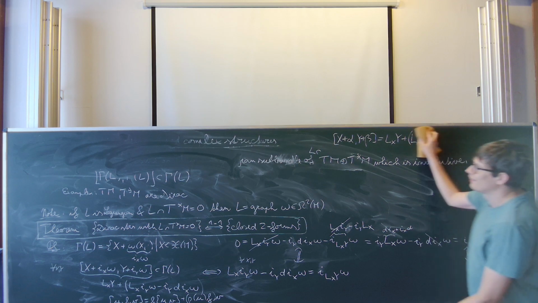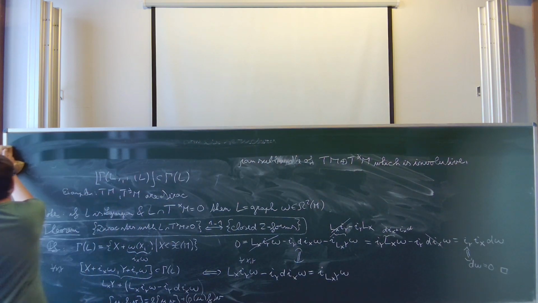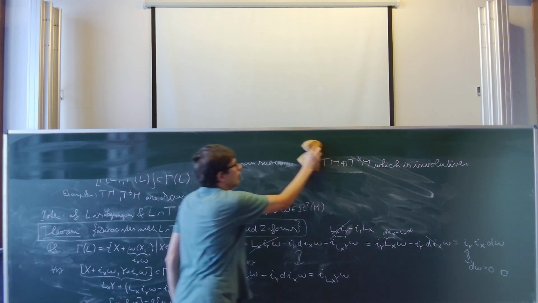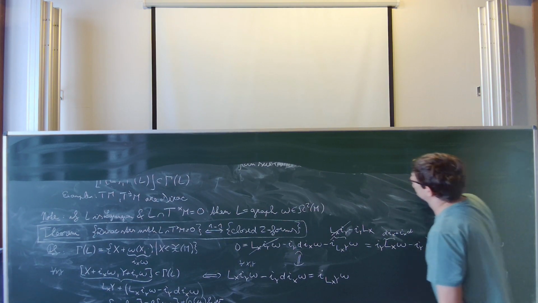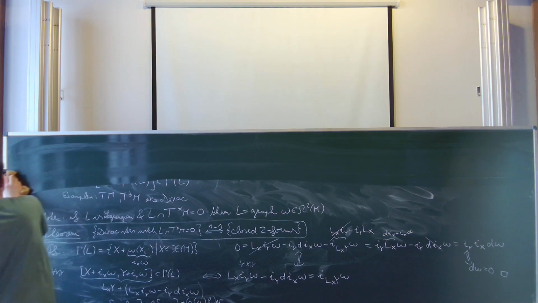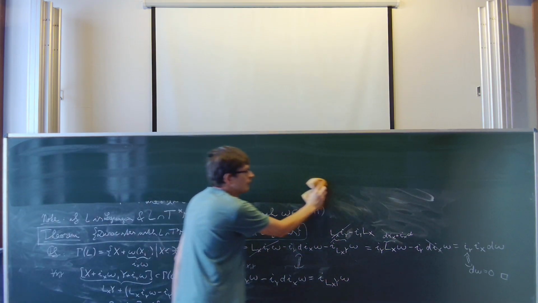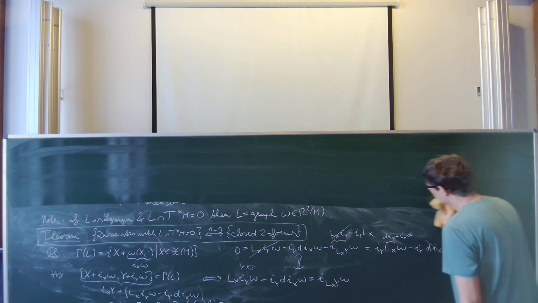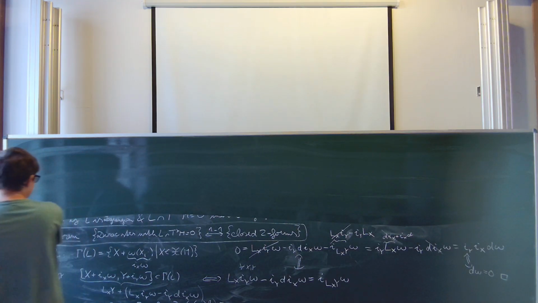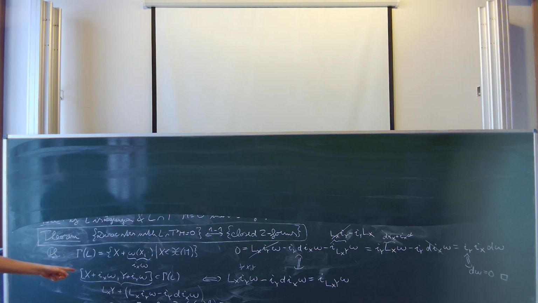While I'm erasing it, you can try to imagine how I'm going to use this lemma in the proof. Just for the symplectic thing, we wanted to prove some statement, and it was supposed to hold for all vector fields x and y. This is kind of a dual picture.